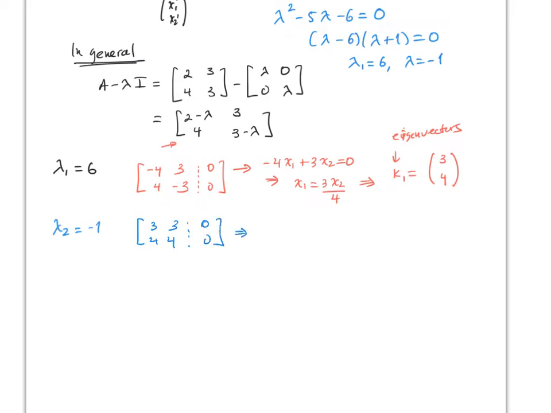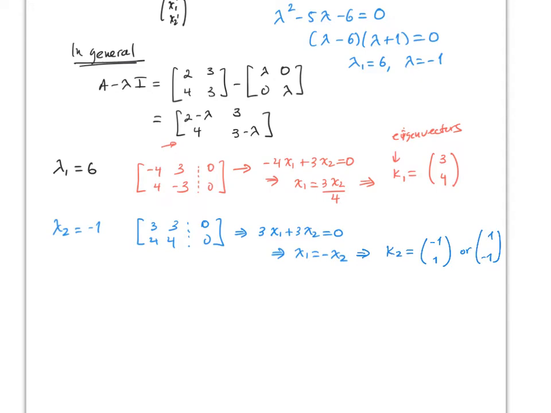So from here, we have 3x1 plus 3x2 is equal to 0, which means x1 is equal to minus x2. You can also use the bottom if you want. It will give you a different eigenvector, but remember the eigenvectors are not unique. So from here, we can say that k2 will be equal to 1, negative 1, or you can pick minus 1, so this will be 1. So either one is fine.